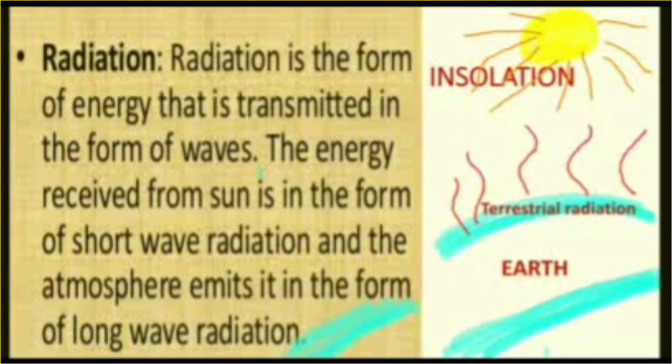So the temperature rises till a maximum is reached, up to 50 degrees Celsius also. At night the reverse takes place and the temperature falls till a minimum is reached. Minimum is 0 degree or in minus. So that is radiation.